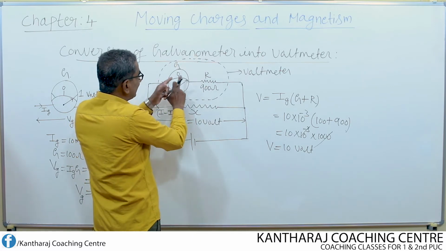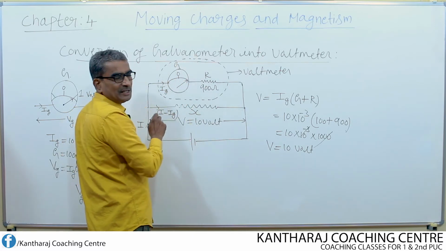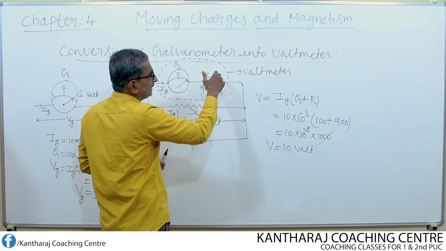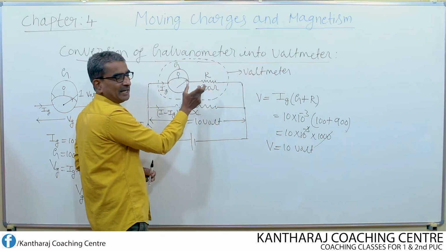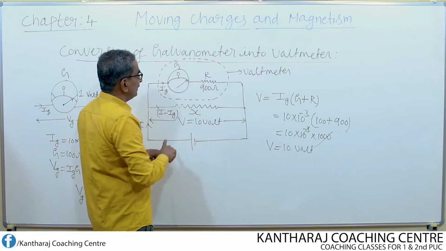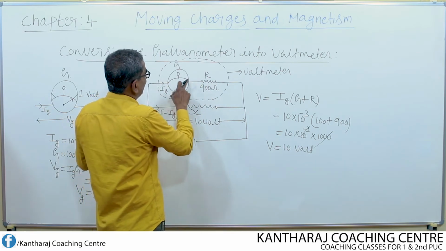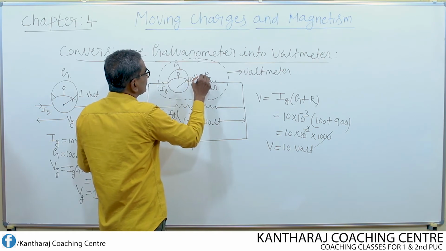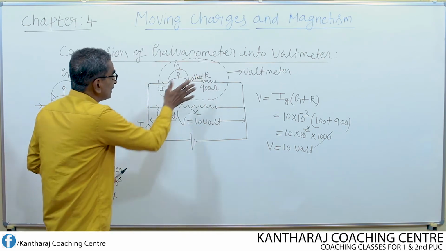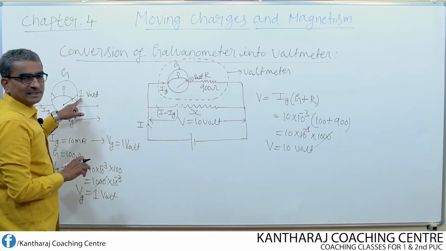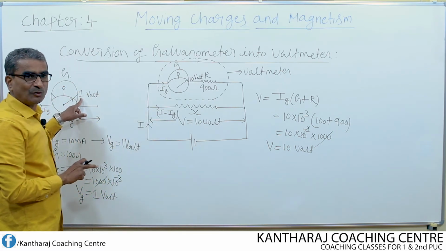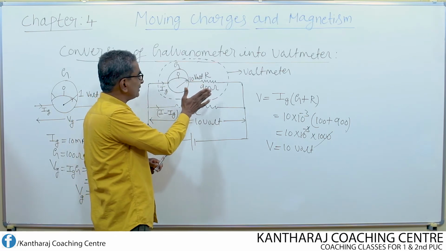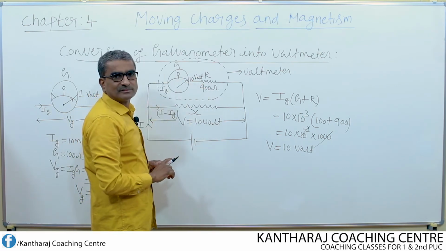So we increased the range of measurement of voltage in this galvanometer by converting it into a voltmeter, by putting a resistance in series with it. Now the maximum deflection is 10 volt. Without this resistance, its range of measurement is 1 volt. With the resistance, the range of measurement of voltage got increased. Now it is 10 volt.